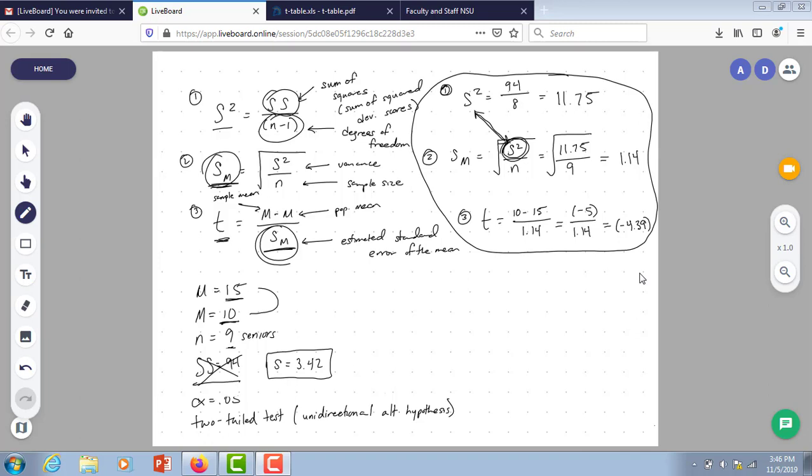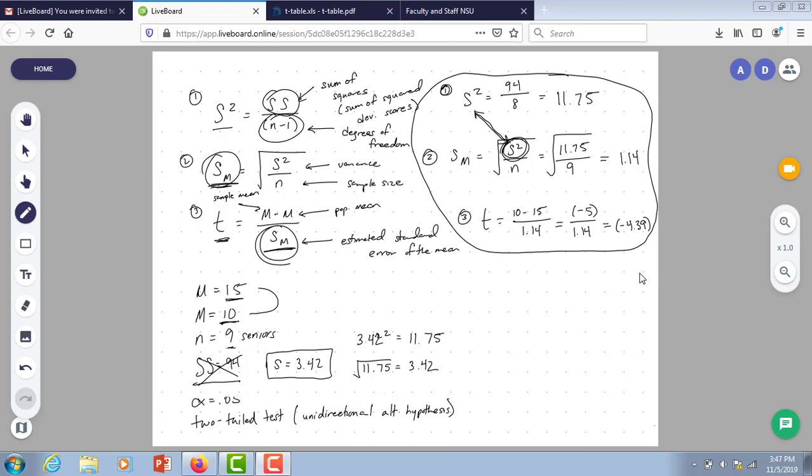Well, if you're given a sample standard deviation, what you will need to do is simply square that sample standard deviation to get your variance. In other words, you would take the sample standard deviation and square it, and once you square it, you will end up with 11.75. If you take the square root of 11.75, you will go back to 3.42.